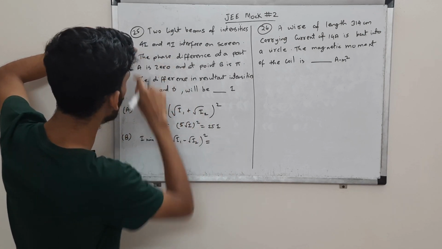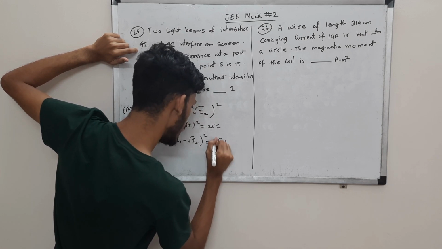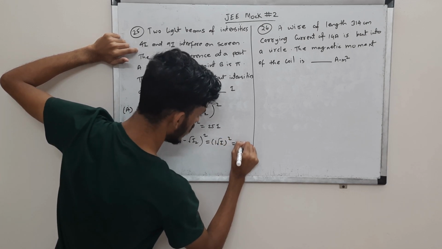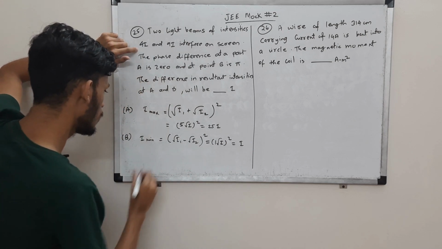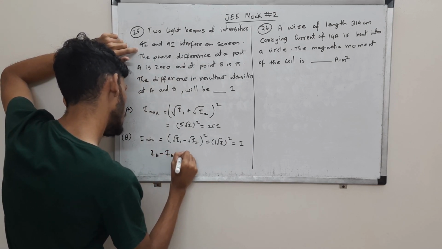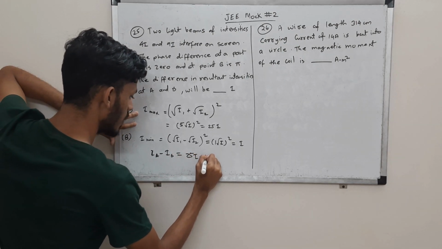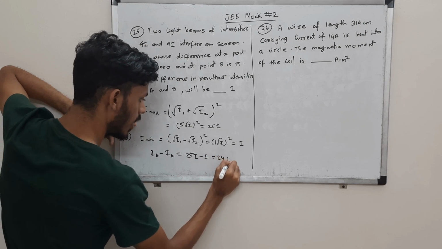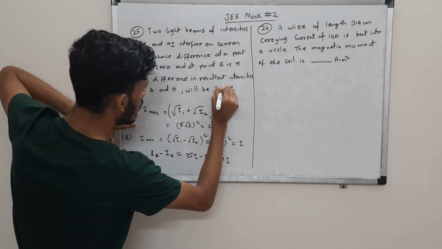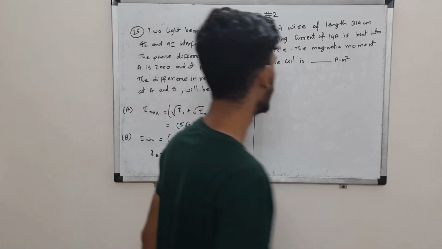So 3 minus 2 is 1, so 1 root of I, and that is squared, which is I. You are supposed to find the difference in the intensity at A and B, so basically it is 25i minus I, which is 24i. So the correct integer over here is 24. Pretty straightforward, simple question.